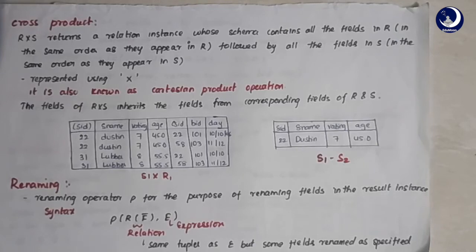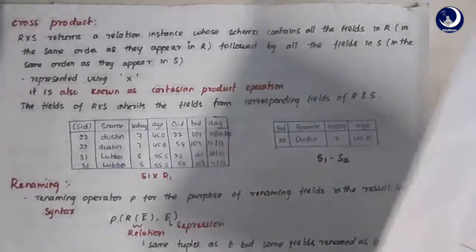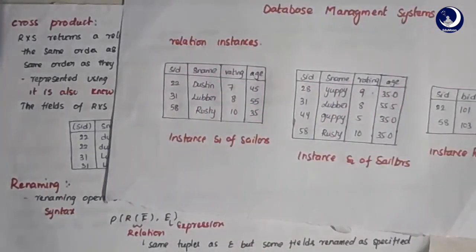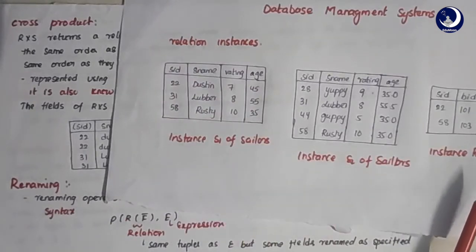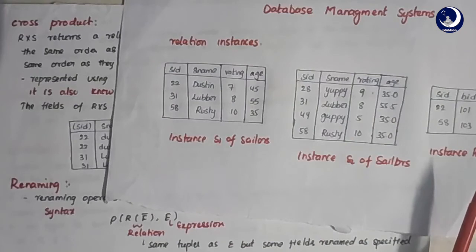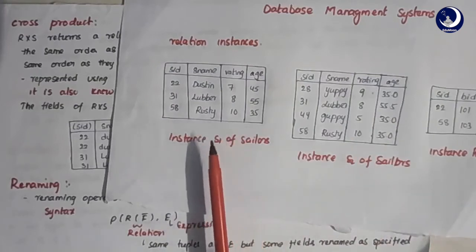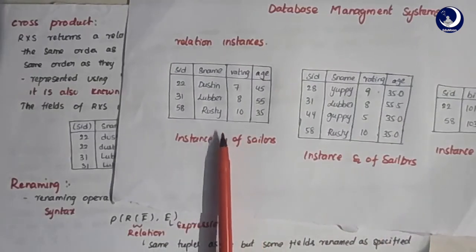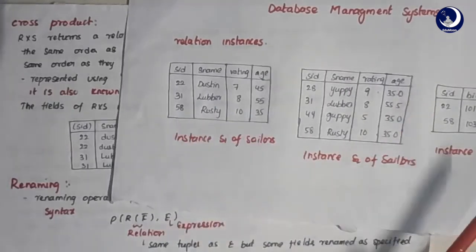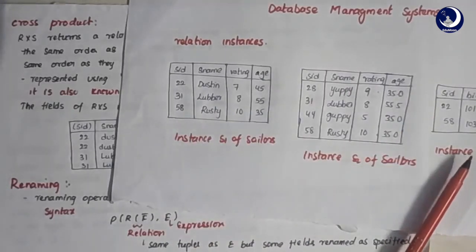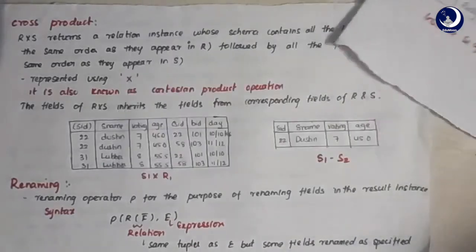See, in our example, we have the S1 relation and the R1 relation. Here in this S1 cross R1, we are simply going to take every tuple in S1 with every tuple in R1. So you can look at the result that we have got.